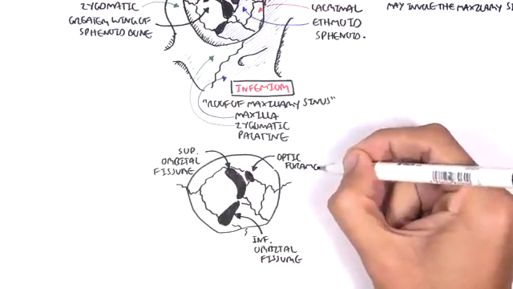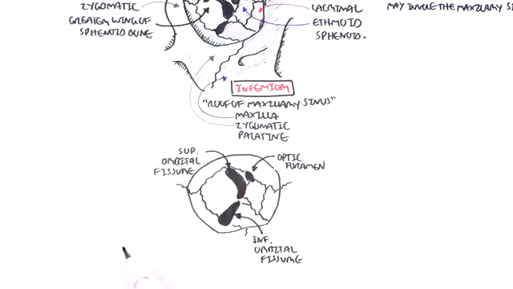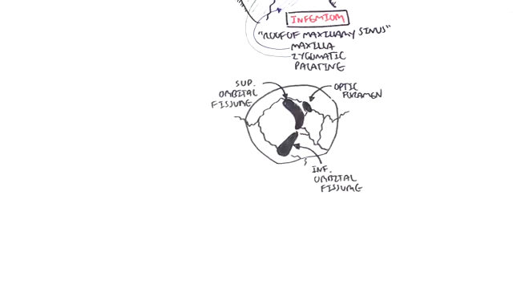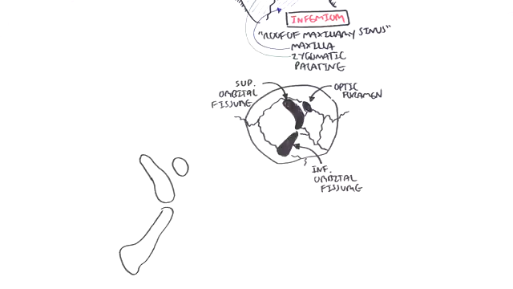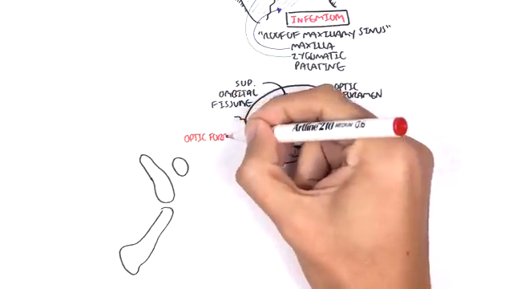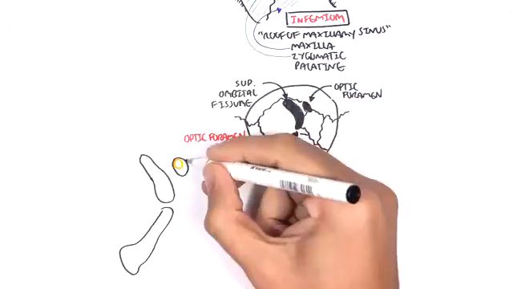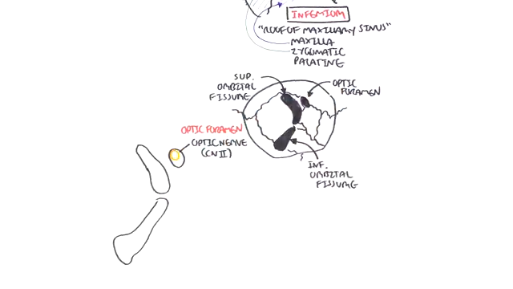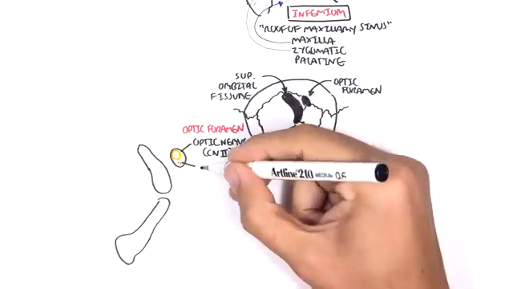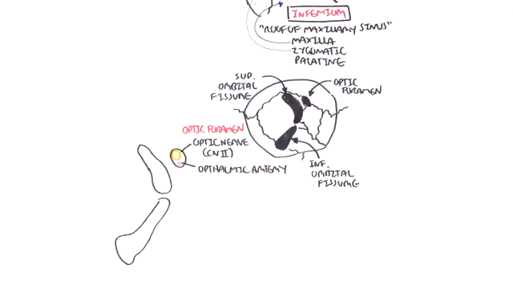Let us learn more about these three holes and what structures pass through them. So here again are the three holes. This is the optic foramen, and two important structures pass through here: the optic nerve, cranial nerve number 2, and the ophthalmic artery, which supplies the retina.